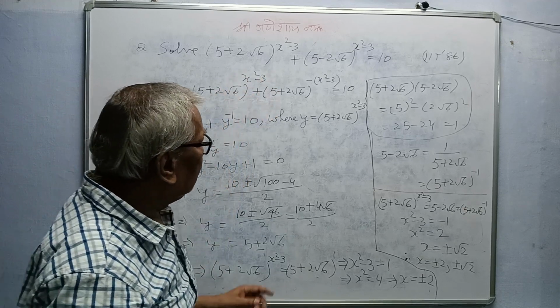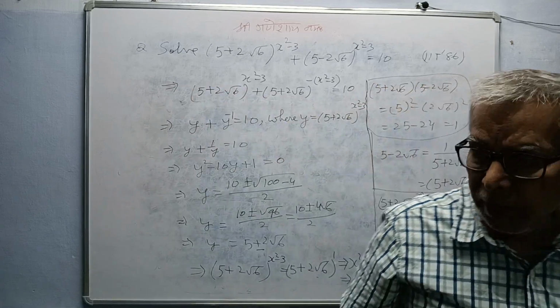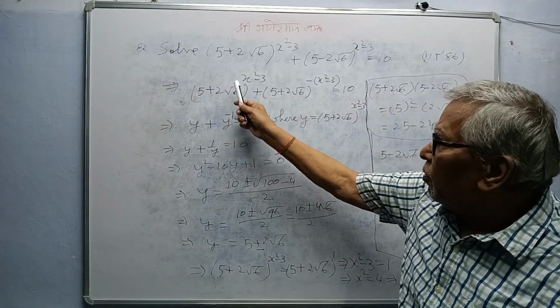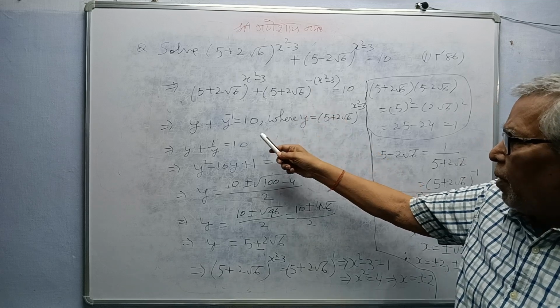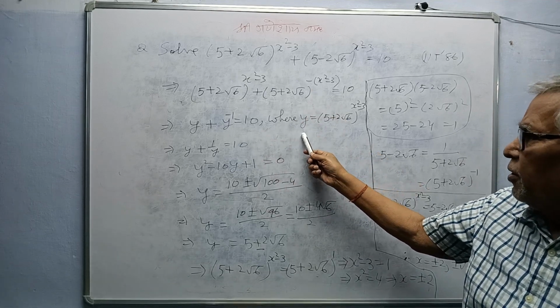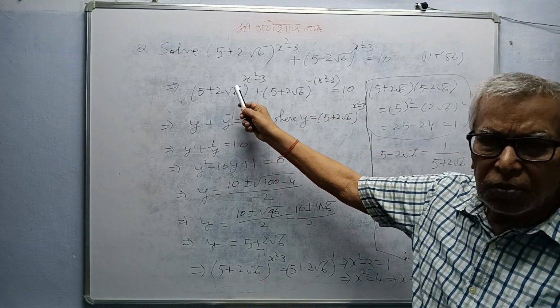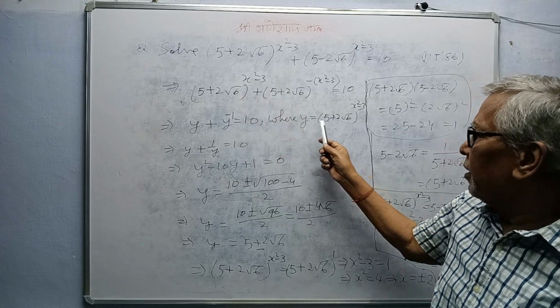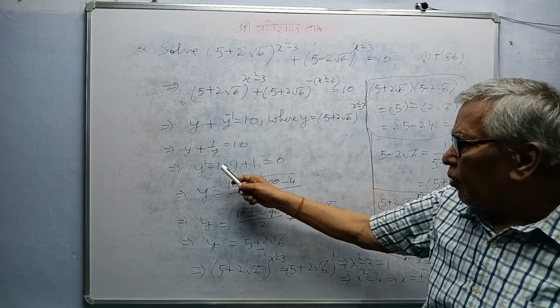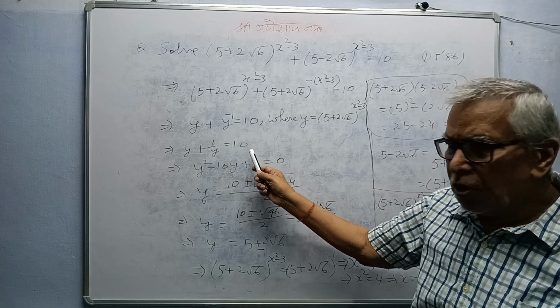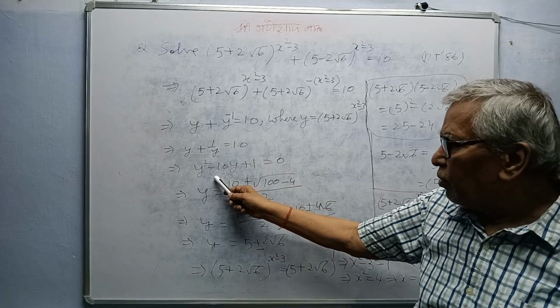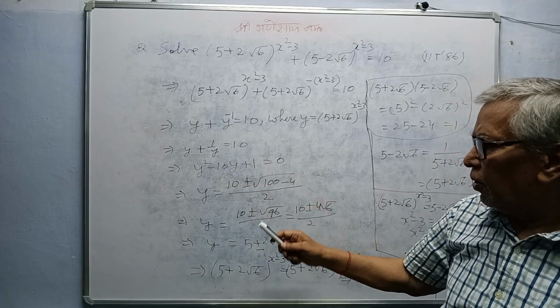We can suppose that this is equal to y. So this is y plus y to the power minus 1 is equal to 10, where y is equal to (5 plus 2 root 6) to the power x square minus 3. So this is y plus 1 by y is equal to 10. So y square minus 10y plus 1 is equal to 0.